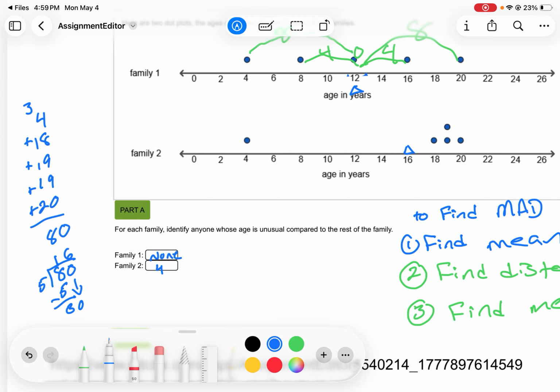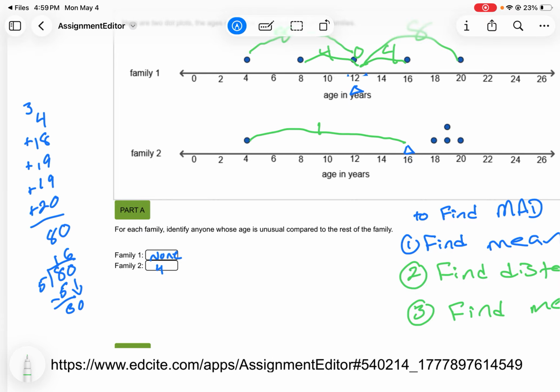And then for MAD, well, from 4 to 16 is 12, 2, 3, 3, 4. So we do 4 plus 3 plus 3 plus 2 plus 12. Well, that's 7 plus 3 is 10 plus 2 is 12 plus 2 is 14. Carry 1, 1 and 1 is 2, so that's 24.